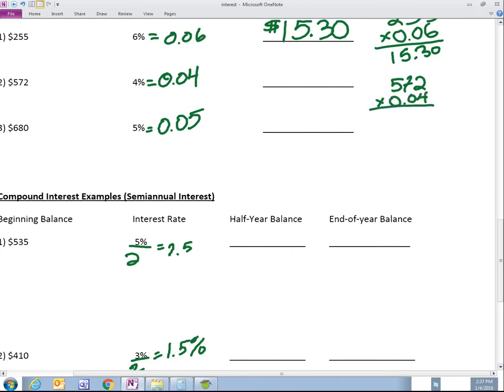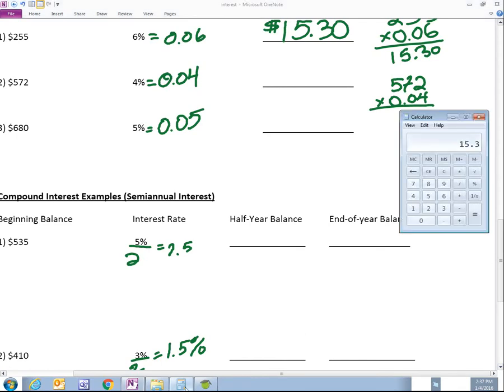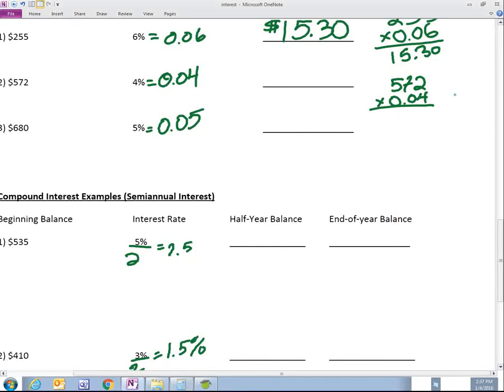I did all the stuff that I could mess up first, so now I can use a calculator. $22.88. Okay, good.